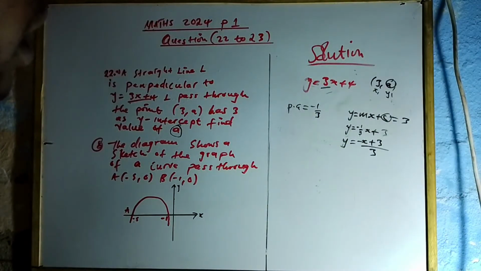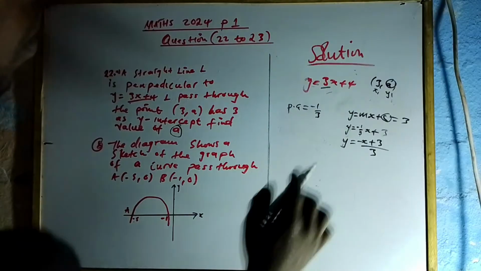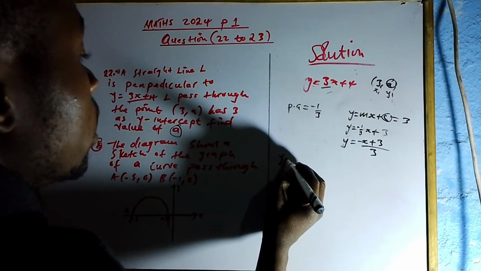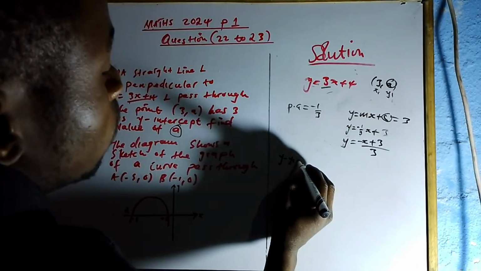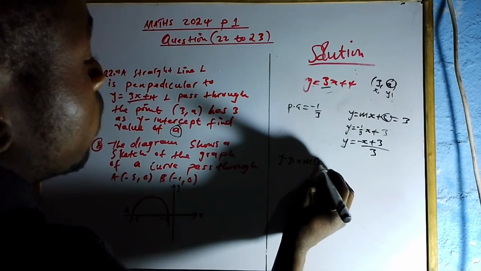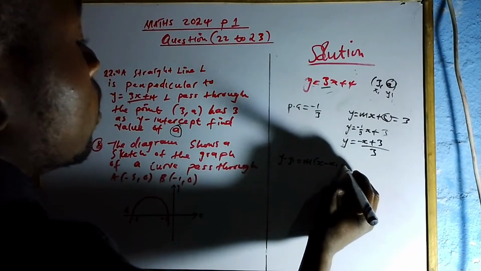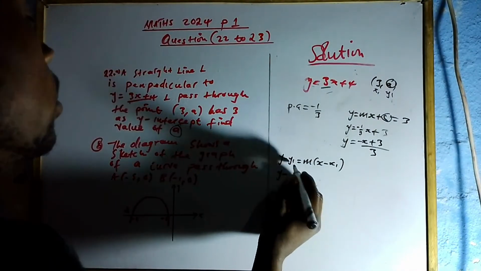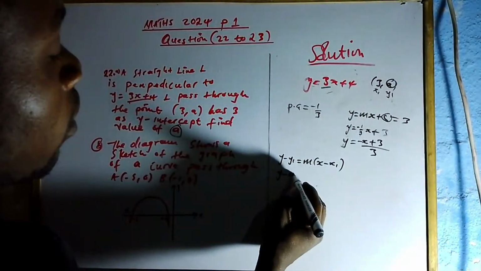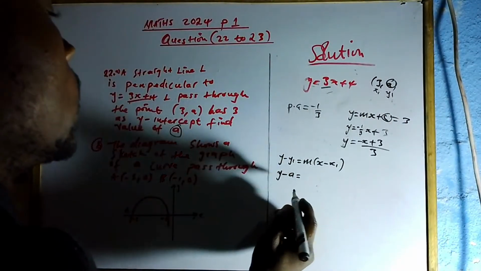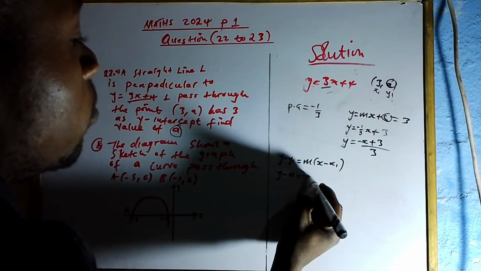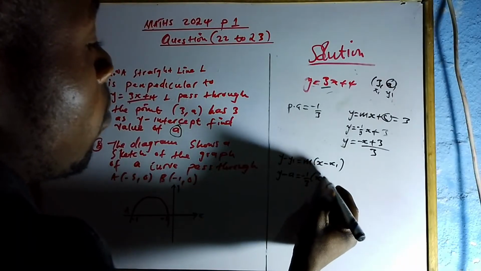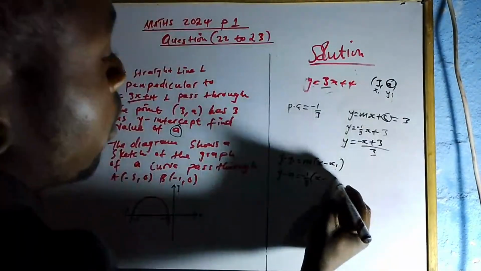So let's find another equation using the same point here. We're going to say y minus y1 equals m open bracket x minus x1 close bracket. In which y minus y1, we have A, which should be equal to the gradient, minus 1 over 3, then open bracket x minus x1, we have 3.